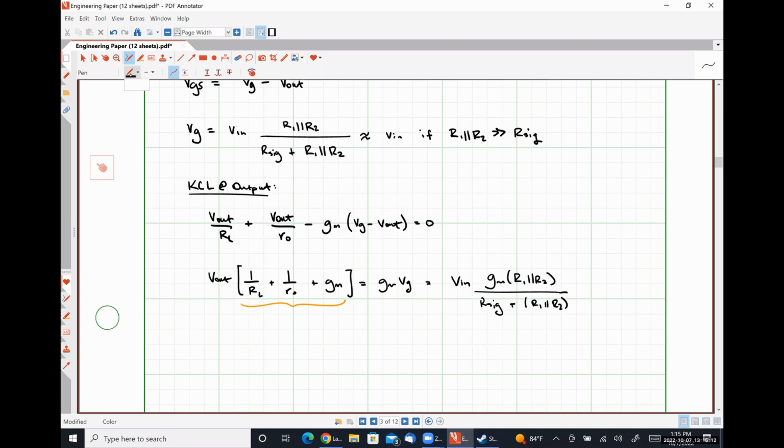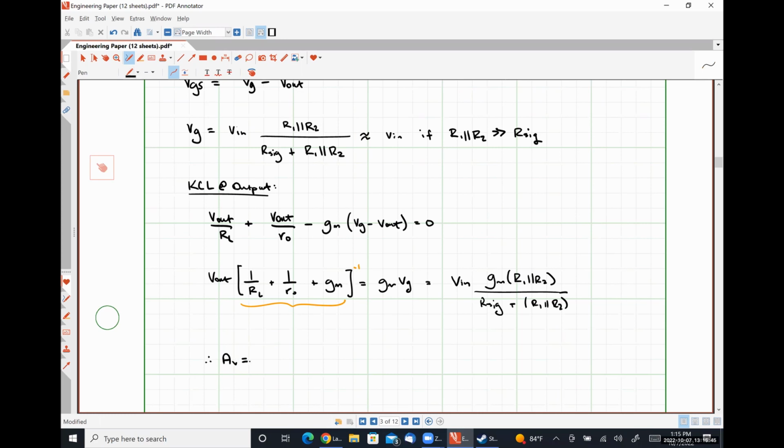If we had the -1 power there, that would just be literally the exact same thing as RL in parallel with R naught in parallel with 1 over GM, right? Well, when we divide both sides by that, it's like multiplying by that resistance.